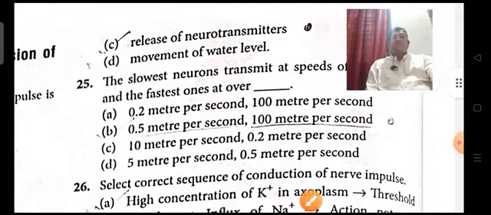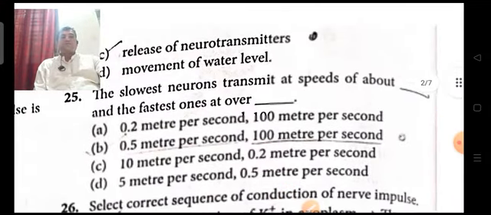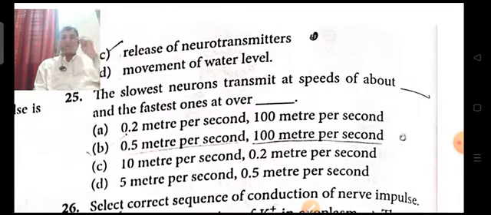Next question. The slowest neurons transmit at the speed of about, and faster ones at the speed of.